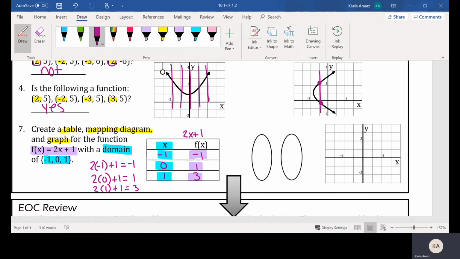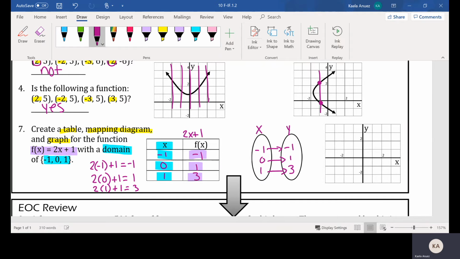So to use our mapping diagram, we know that this is our x, this is our y. So our domain values, our x values, are going to be -1, 0, and 1. And then we have y values of -1, 1, and 3. When you have a mapping diagram, you draw arrows that connect your x values with your y values.